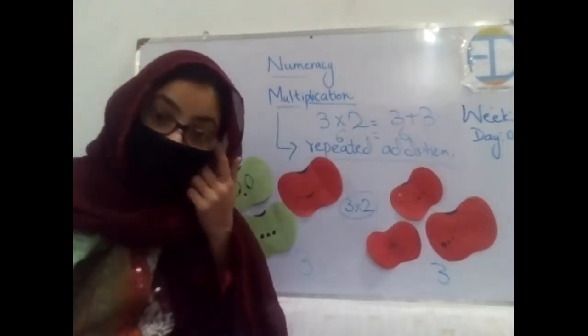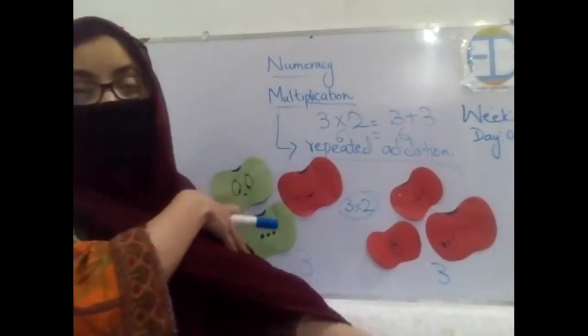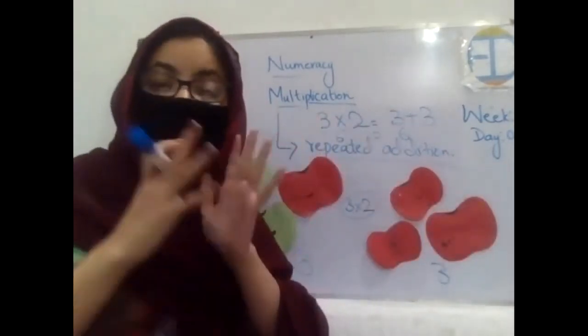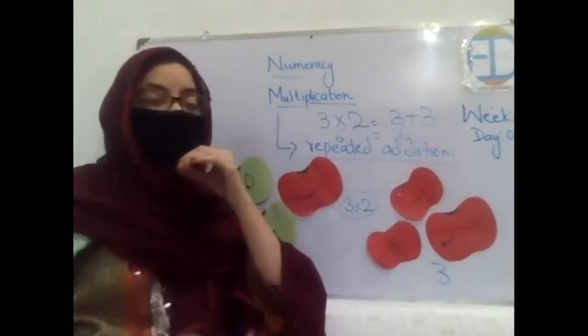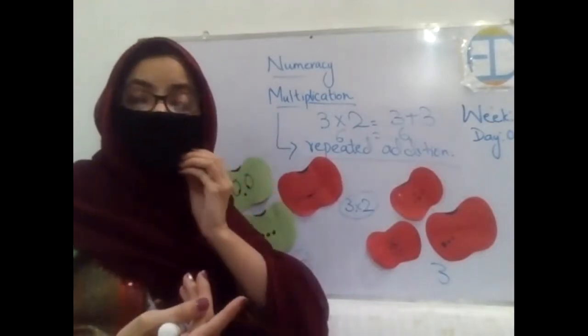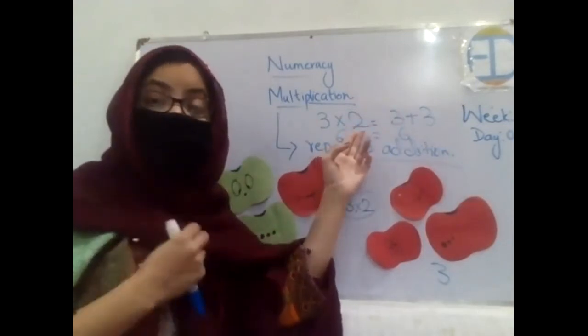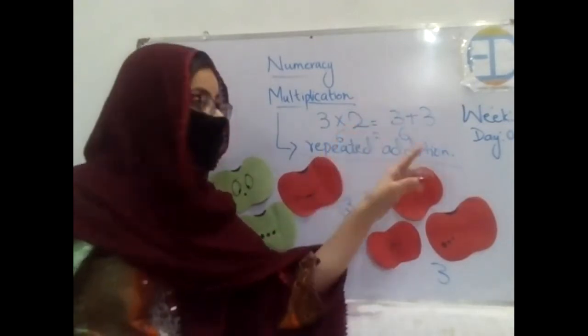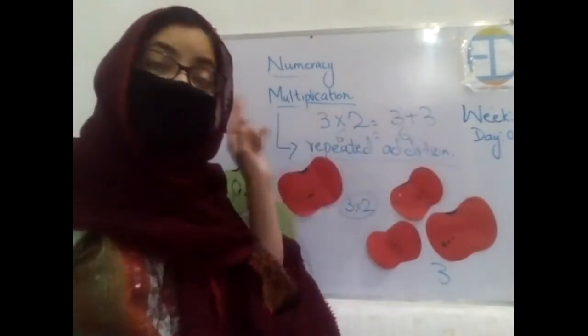Are you getting my point? That multiplication is repeated addition. We keep on adding the same number again and again to itself, right? And how many times we are supposed to add it depends on what is needed. Over here it was needed only twice, so we have added 3 only twice. If there would be written 6, we will add this 6 times.